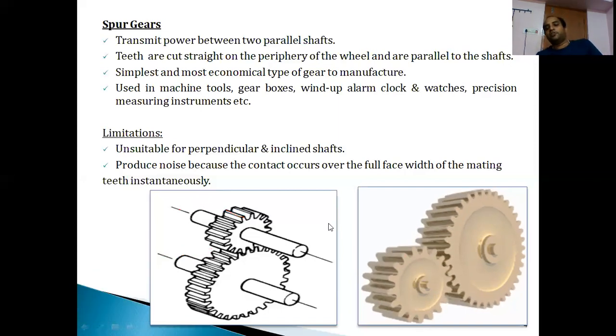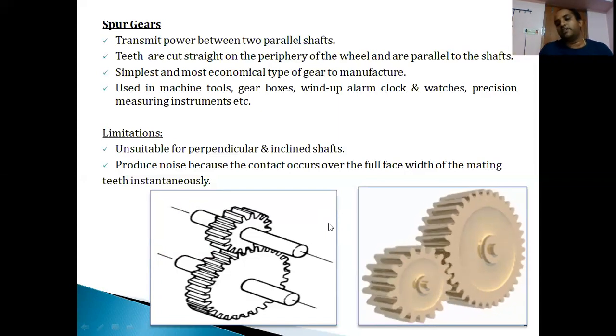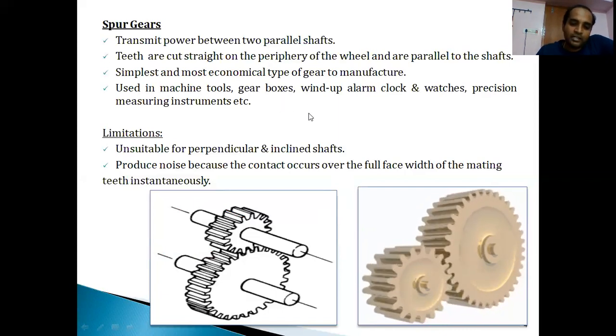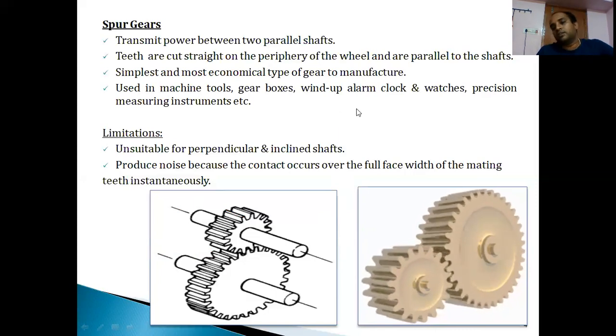The gear teeth can be produced in less time, and it is the simplest type of gear design. So generally you are using this spur gear especially in machine tool boxes. If you have observed, we are using gear boxes in different types of mechanisms, then wind-up alarm clocks or world clocks, wrist watches, and even some precision measuring instruments. Everybody, I think, has observed these things.